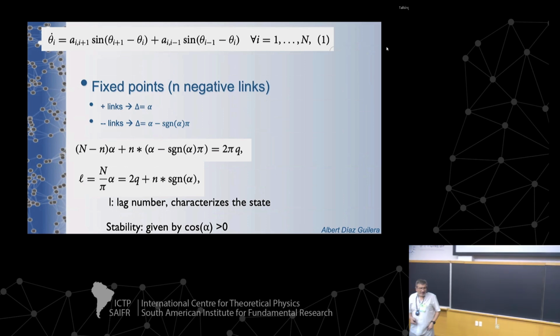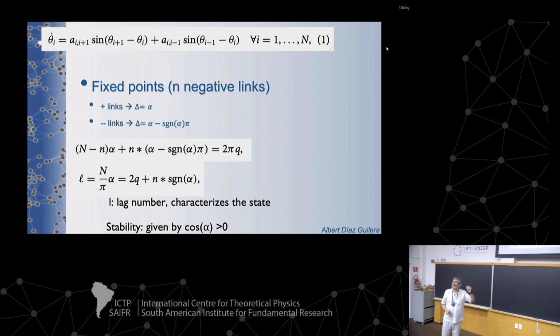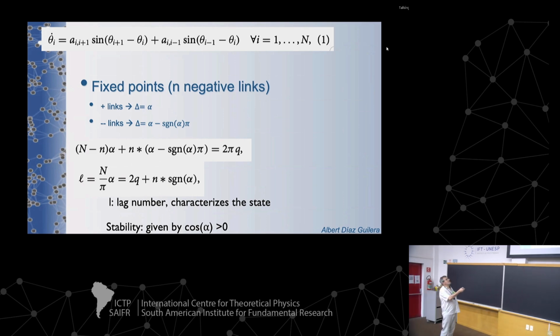Looking at this, you realize that you have many possible solutions at the stationary state. You can get a state in which the phase difference between two consecutive oscillators is alpha.